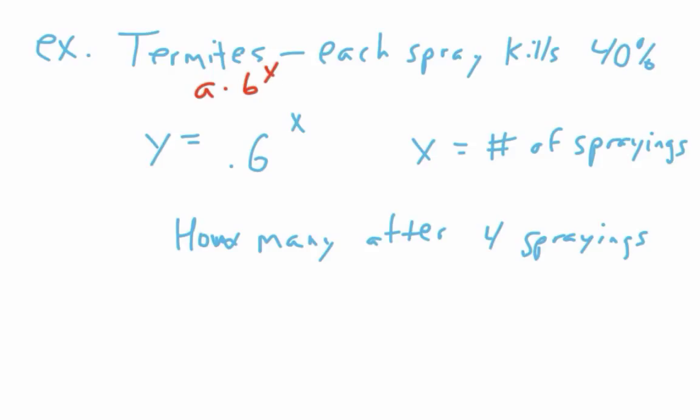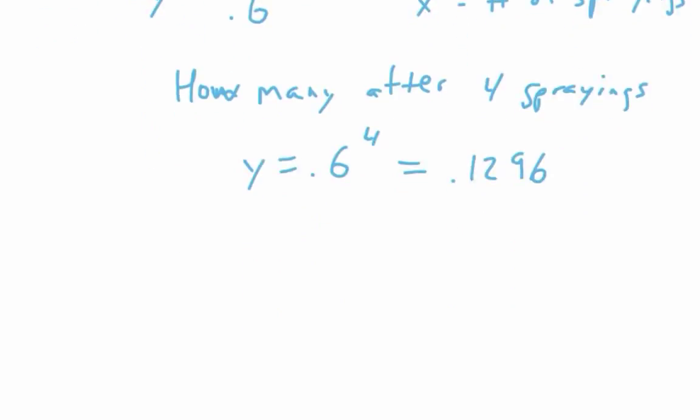So we're going to look at it in this case as though we start out with 100%. So that's just like a 1 times this 0.6. So if I do 0.6 to the 4th, so y equals 0.6, 60% is left each time, 4 sprayings, I end up with 0.1296.